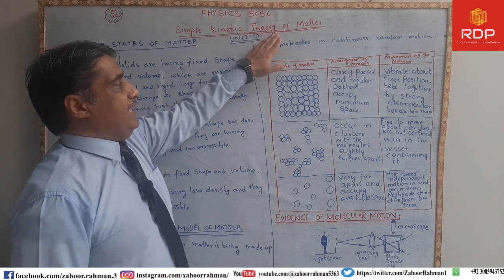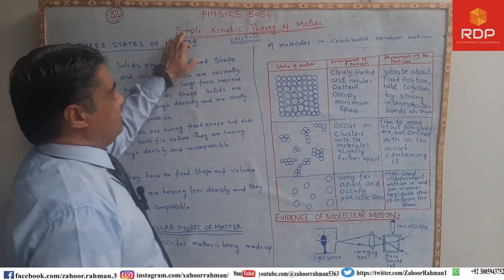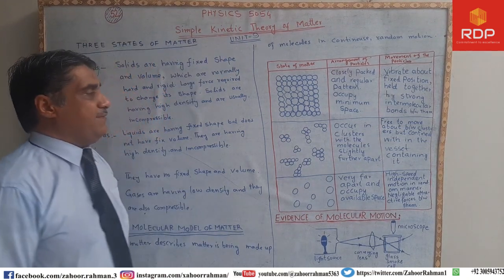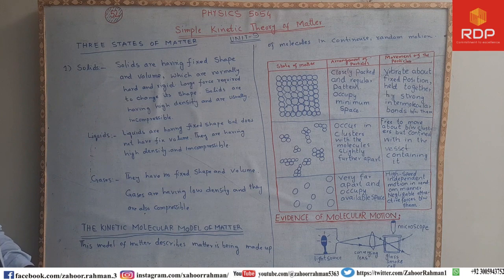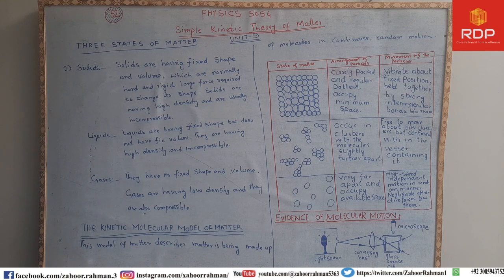If we explain these three states on the basis of this simple kinetic theory of matter, we will remain in the context of that theory. Without this theory, it wasn't possible to explain these three states.